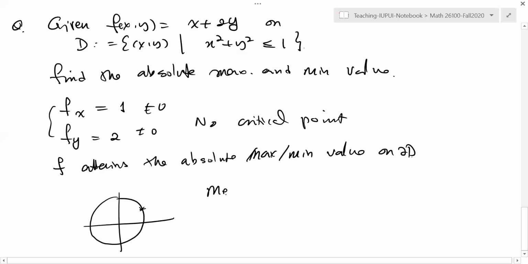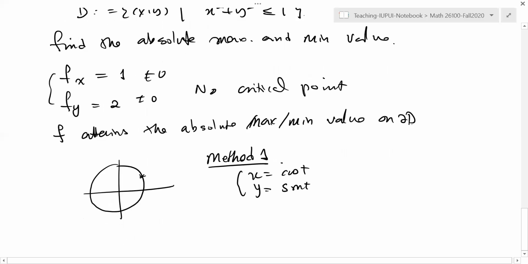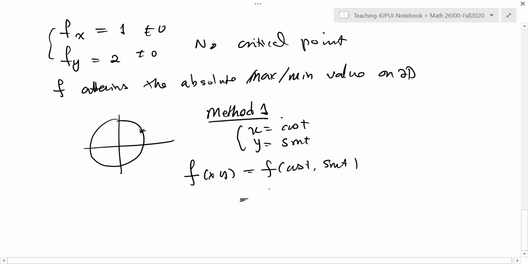So method one is to parameterize the circle: x equals cosine t, y equals sine t. So f(x, y) is going to be f(cosine t, sine t). Then you get a function of one variable, which is going to be cosine t plus 2 sine t.